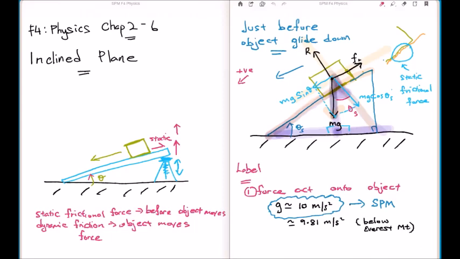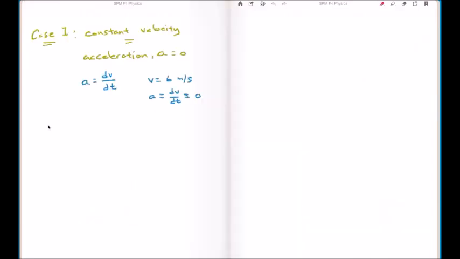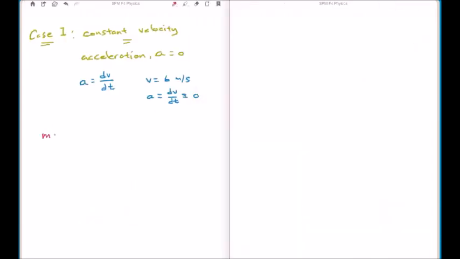So what I would write would be my mg sin theta, subtract the frictional force. Why is it subtract? Because the frictional force acts in the other direction, where I define positive as going downwards.